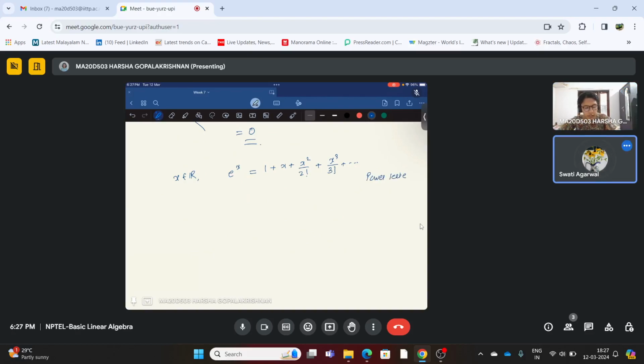That means this infinite sum is the same as e power x. Now, what is e power A?